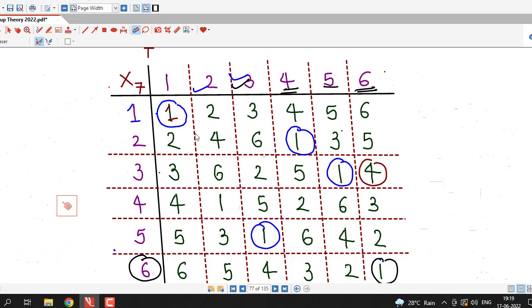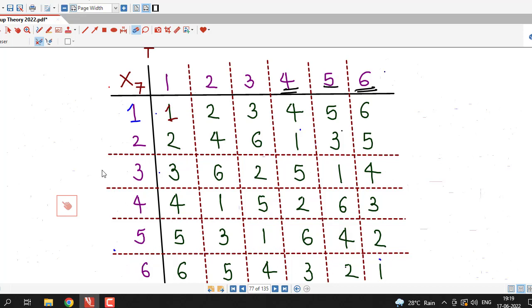Instead of that, if you recall, whenever we are discussing composition tables, we can decide from the table also whether given set is abelian group or not. So for that we have to first draw the main diagonal here.